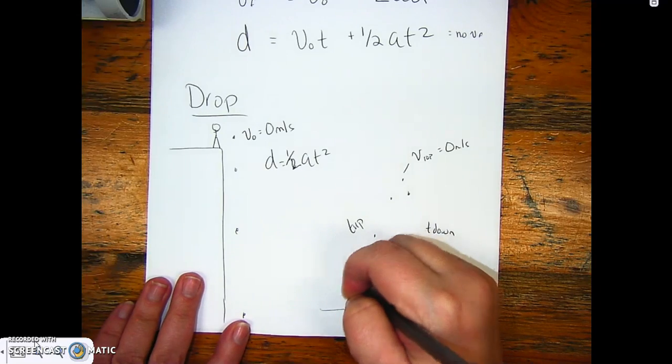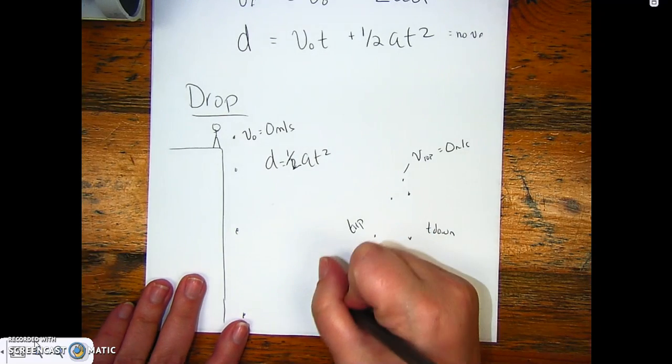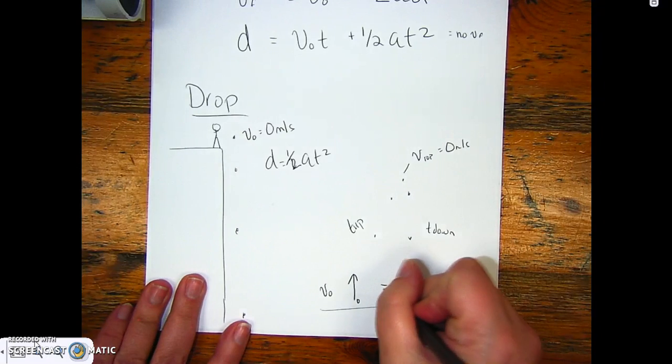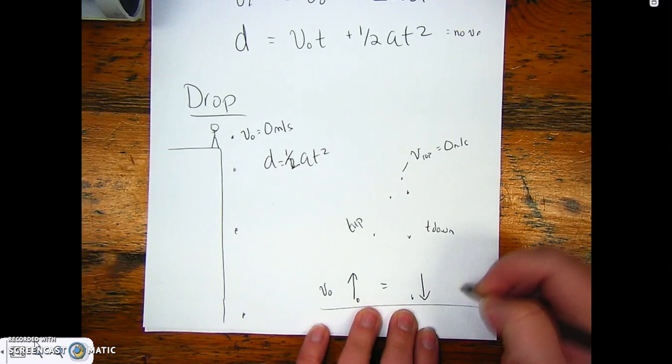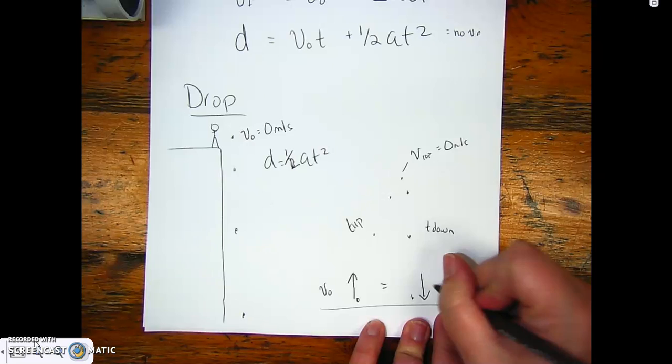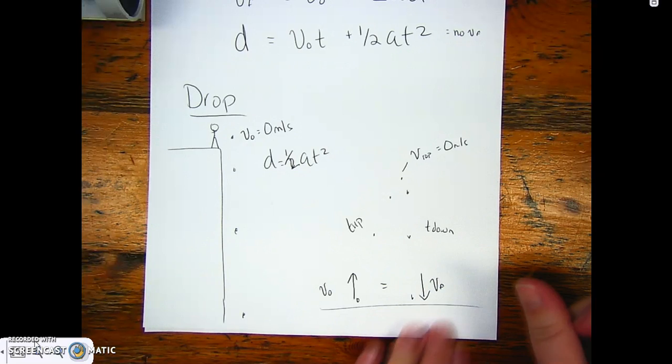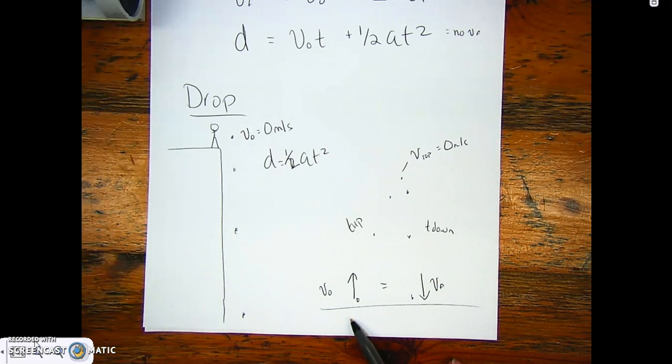And we also know that because the acceleration is equivalent, the velocity initial is actually going to be equal in magnitude to the velocity final. However, this one would be going up and this one would be going down. And direction really is important in this instance.